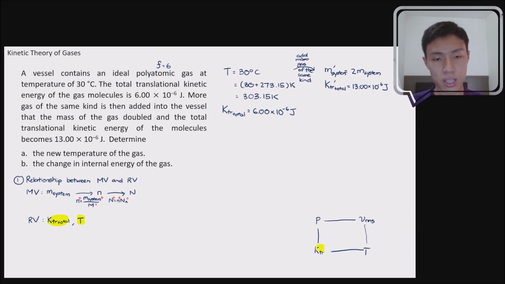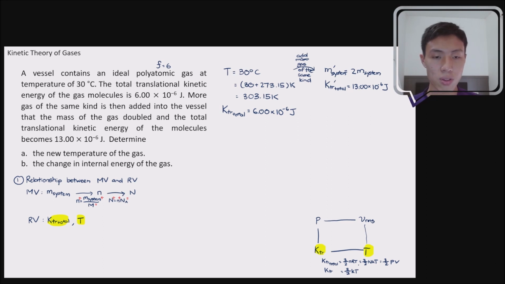So KTR and temperature is on this side. So our equation will be found on this side of the rectangle, in which we have two equations. One is KTR total is equal to 3 over 2 nRT, or 3 over 2 nKT, or 3 over 2 PV. Whereas the KTR can be equal to just 3 over 2 KT.